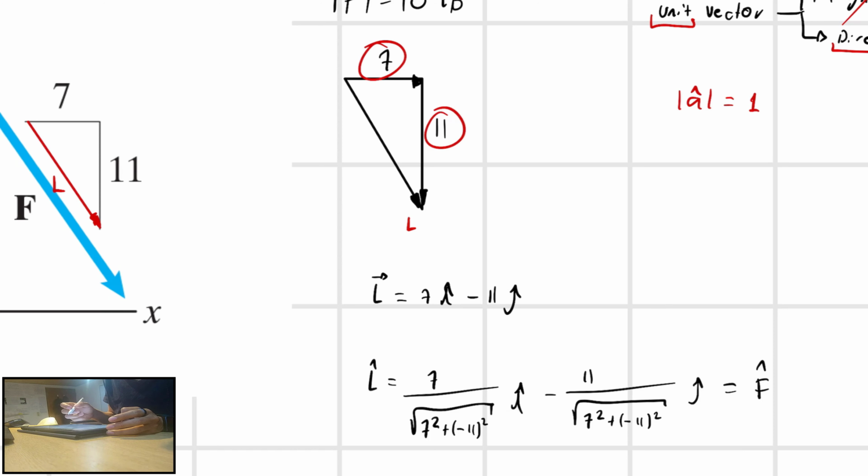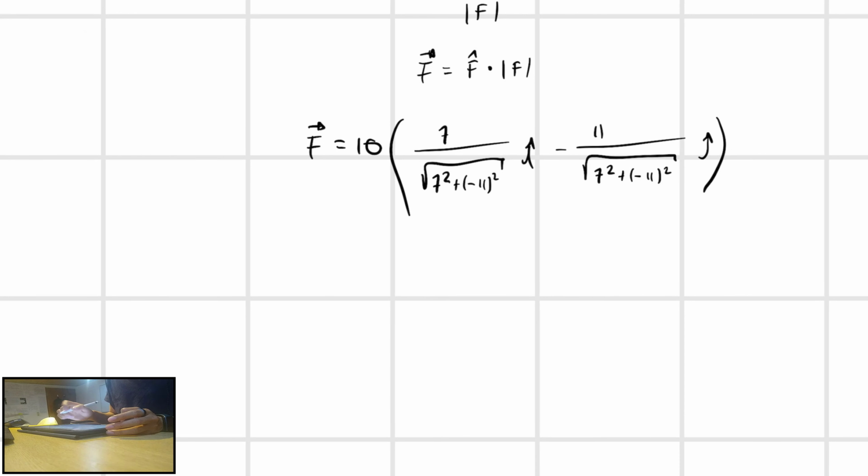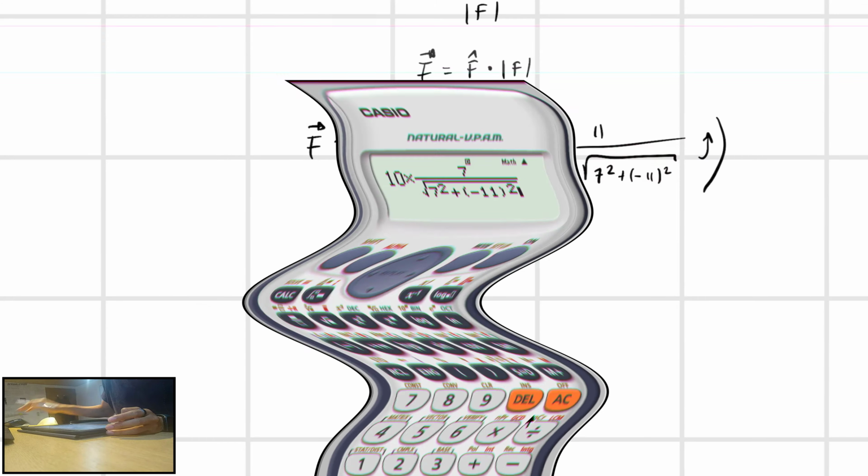All you have to do is square every single one of the components, add them, and take the square root, and you find the magnitude of the vector. That is the reason for this. So we can continue.